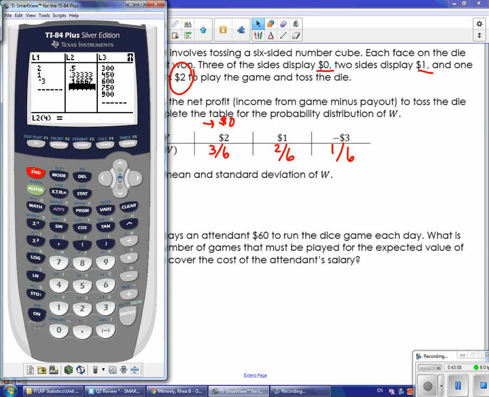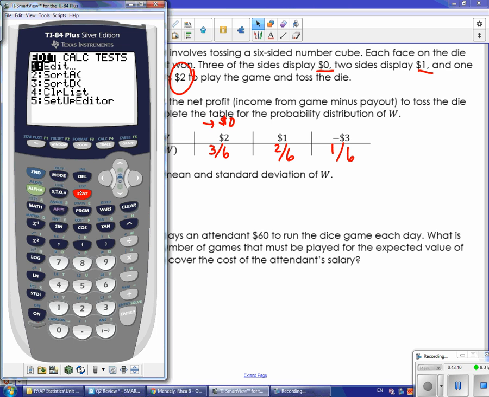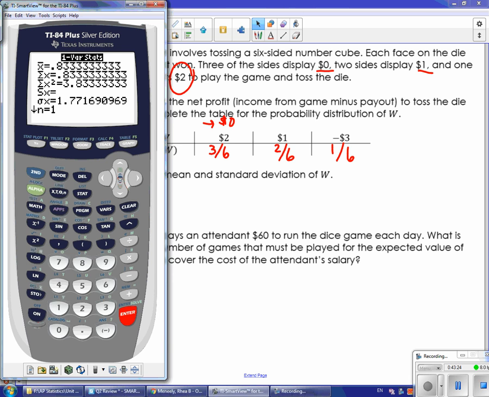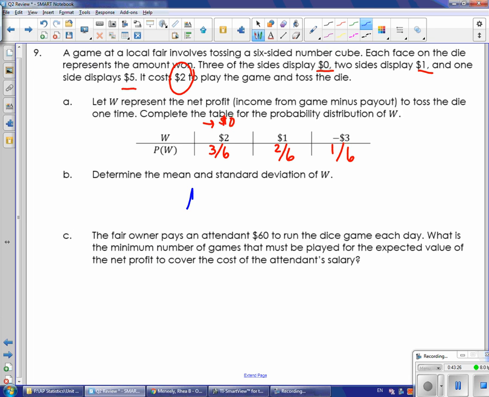So I'm going to go back to my home screen and use my stat calc one variable statistics command. And again, you want to make sure that you not only include the outcomes that are in list 1, but the probabilities that are in list 2, because those represent your relative frequencies. And so X bar is going to correspond to the mean. So the mean of W in this case, sorry, it keeps disappearing, was about 83 cents.